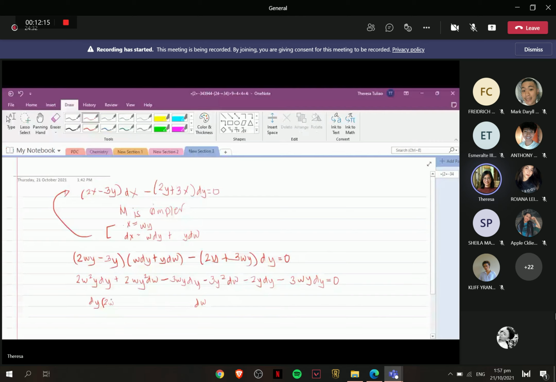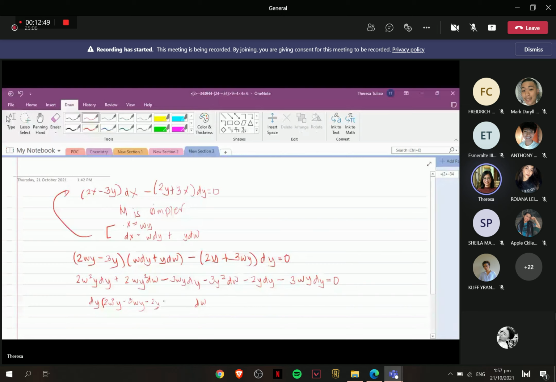Meron dito minus 2y. Okay. Minus 3wy pa pala. So, 2w squared y, minus 2y, minus 3wy. Okay? Plus.